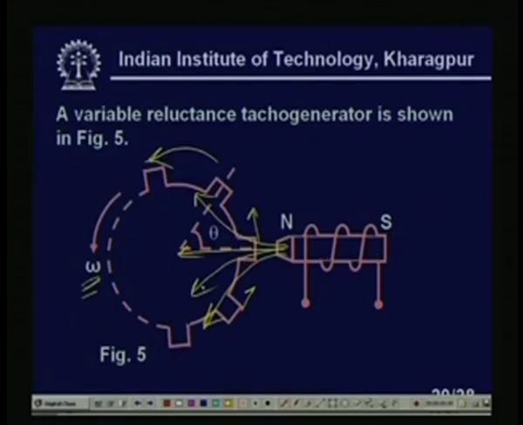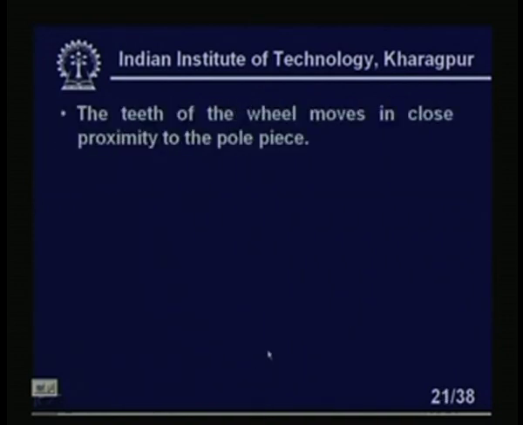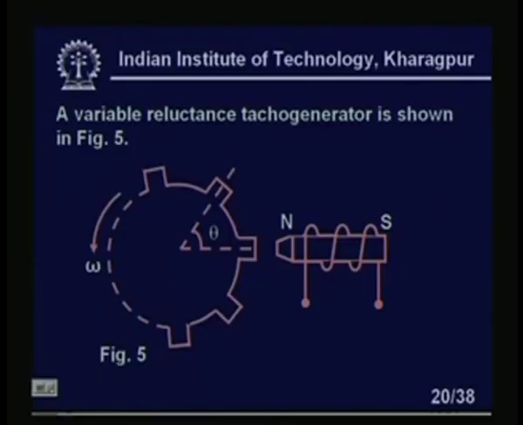Here again I will repeat, this is made of permanent magnet, and this pole piece is made of soft iron, and these teeth are made of ferromagnetic material. Now, the teeth of the wheel move in close proximity to the pole piece. It is very close, as I told you, because for the sake of understanding we have drawn that much of a gap, but actually there is no gap at all.